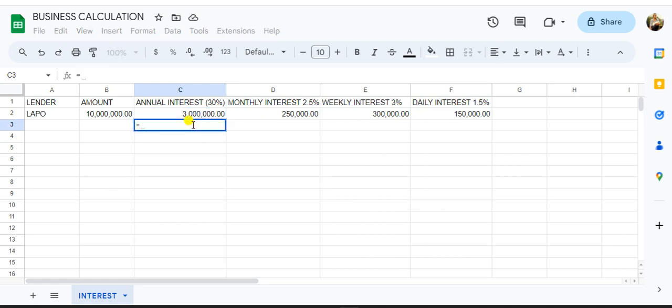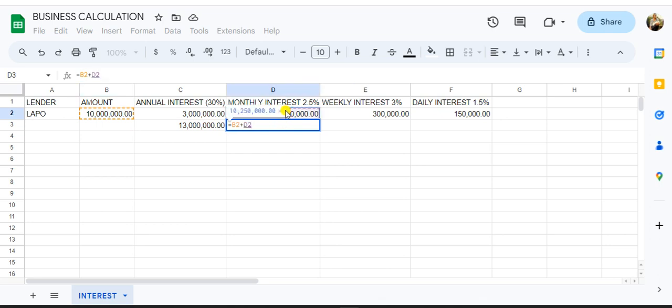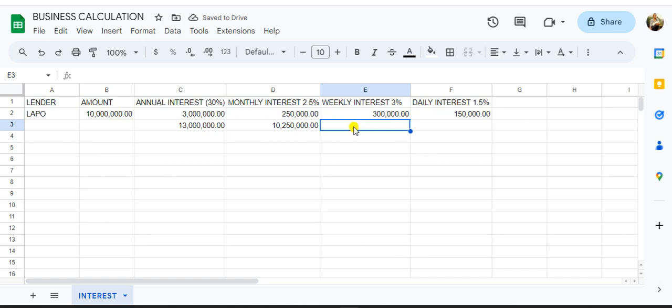So that means when you are paying back 10 million naira in a year, you are going to pay back 10 million naira plus your 3 million naira, which will give you 13 million. All right. So if you are paying back in a week, it will be 10 million naira plus the 250,000, which is the 2.5% loan. So you are giving them 10,250,000.